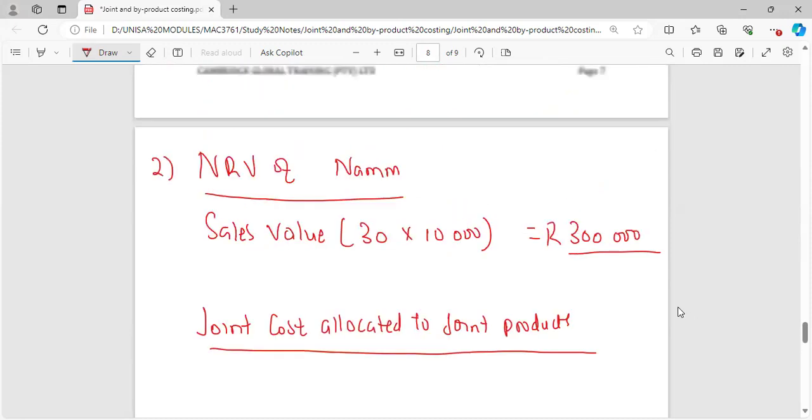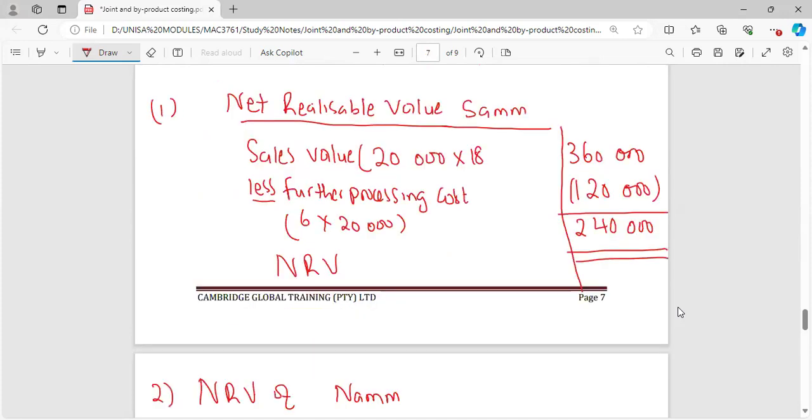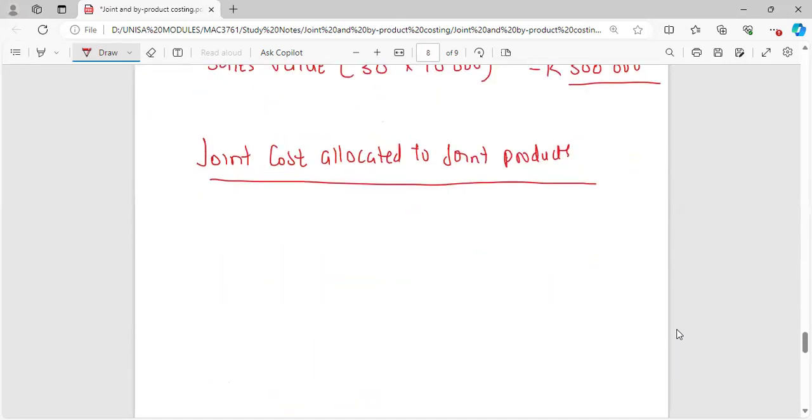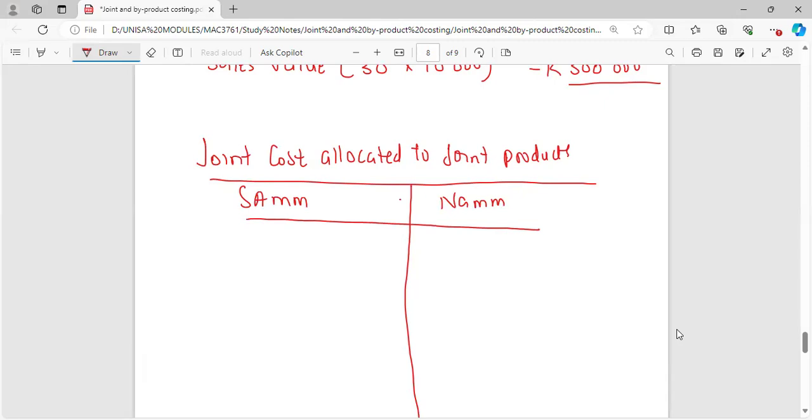This one is NUM and SUM. So we are having SUM and NUM. Right. So these are the two products. So we want to allocate. Now here there's nothing much. You have calculated your joint cost to be allocated to the joint products.